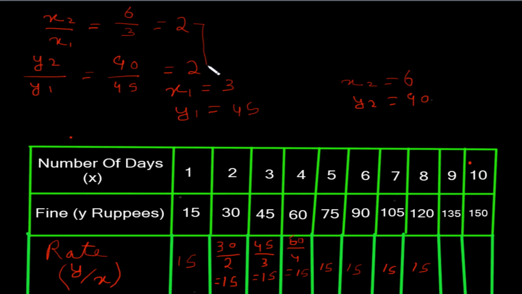So this 2 is equal to this 2, which means these are also equal. That is, x sub 2 divided by x sub 1 is equal to y sub 2 divided by y sub 1. Let's conclude this.